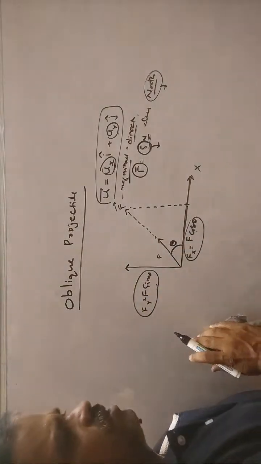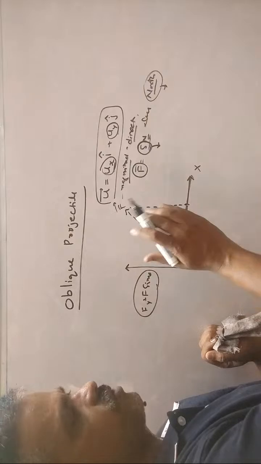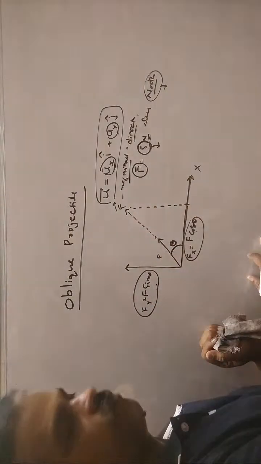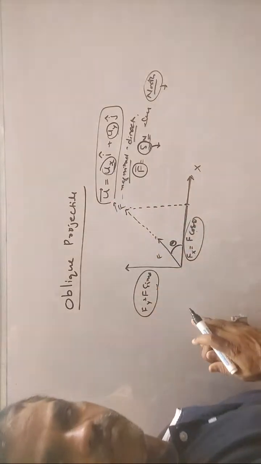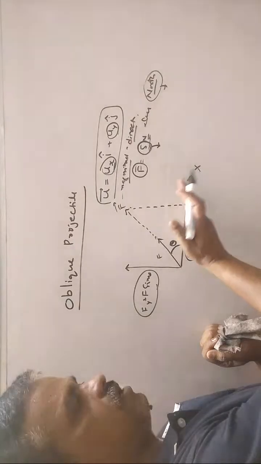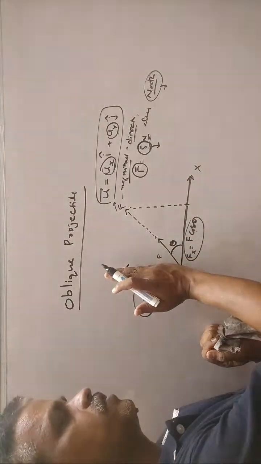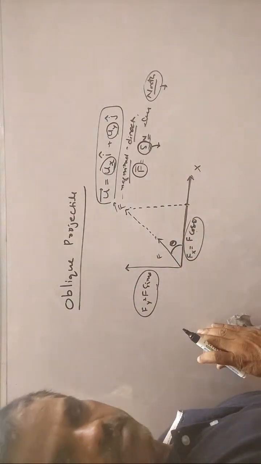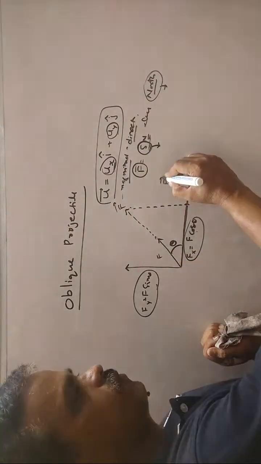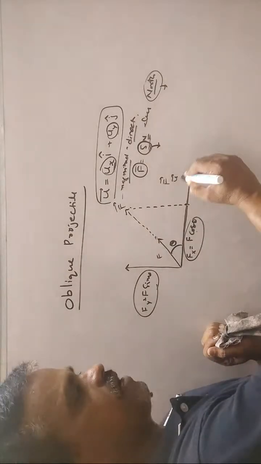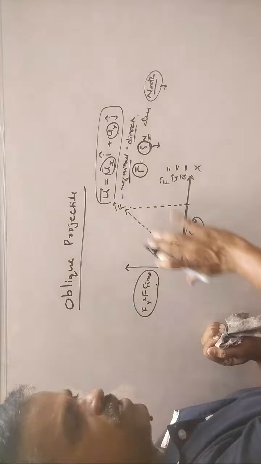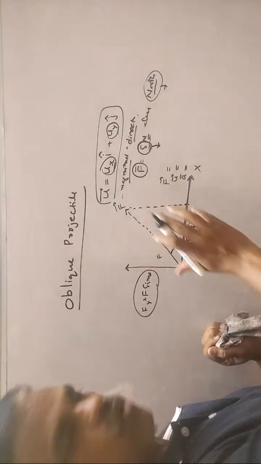By this you have to understand that every vector, if it is making some angle with the x-axis or with the vertical y-axis, we can split the force vector, velocity vector or acceleration vector, any vector, into two components.